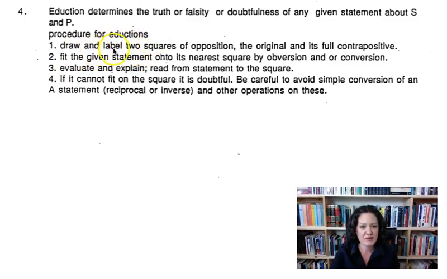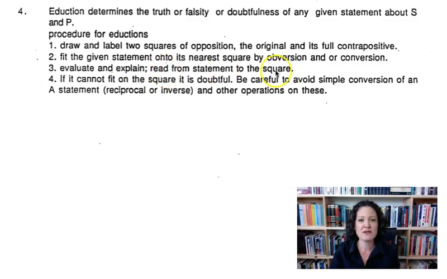We're going to draw and label 2 squares of opposition, the original and its full contrapositive. And that is why on my flowchart I had 2. We're going to fit the given statement onto its nearest square, either the first one or the second one, by obversion or conversion.